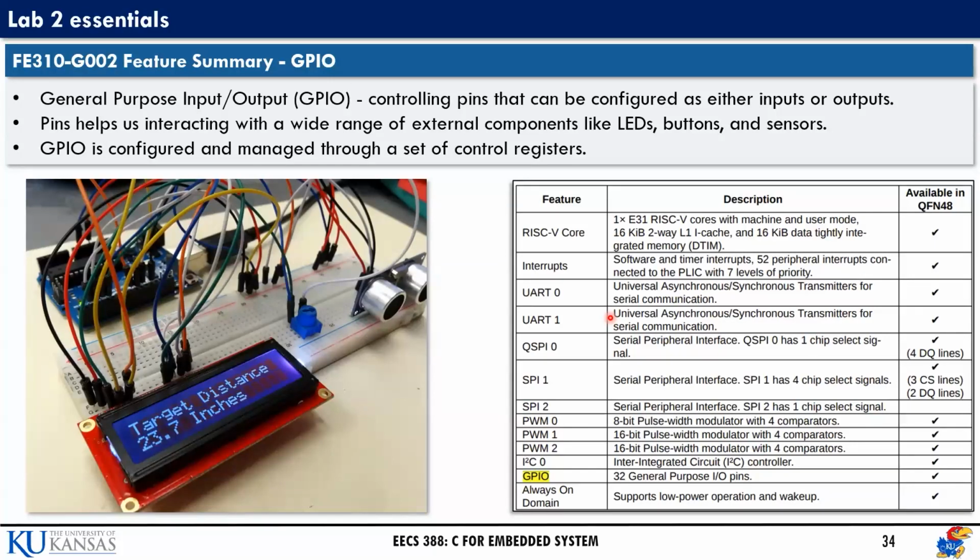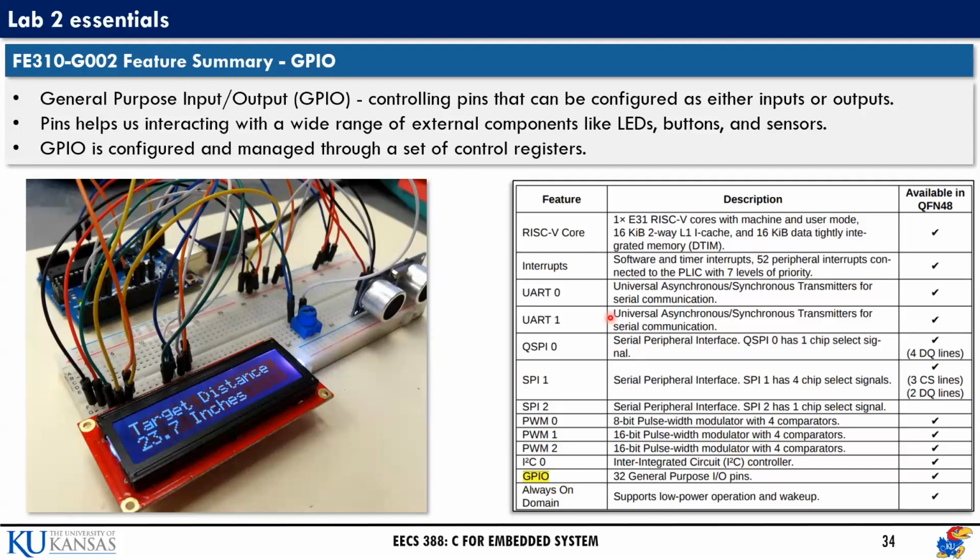Now, for lab 2, we have to understand the concept of the GPIO, that is general purpose input output. So GPIO is basically 32 general purpose input output pins we have, and those pins can be configured as either inputs or outputs.